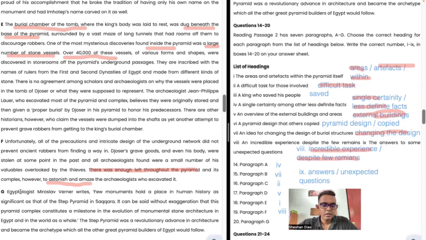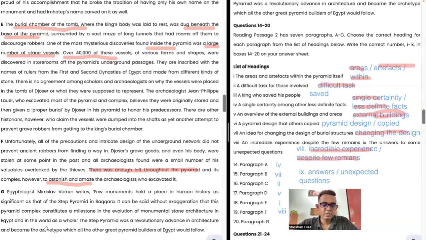Okay. Finally, we have Egyptologist Miroslav Werner writes, few monuments hold a place in human history as significant as that of Step Pyramid in Saqqara. The Step Pyramid was a revolutionary advance in architecture and became the archetype which all the other great pyramid builders of Egypt would follow. All right, so that's also again very clear.